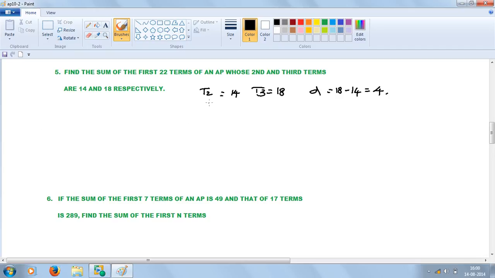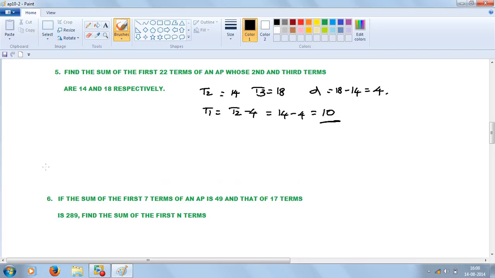When we know T2, what is T1? T1 is equal to T2 minus 4, that is 14 minus 4, equal to 10. The first term is A, so A is 10.